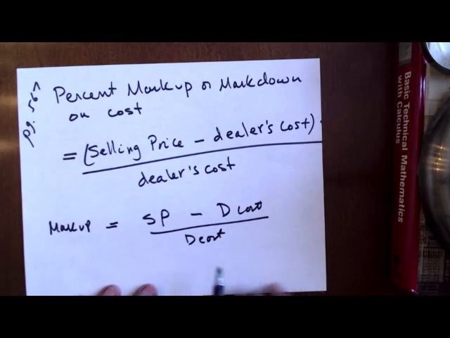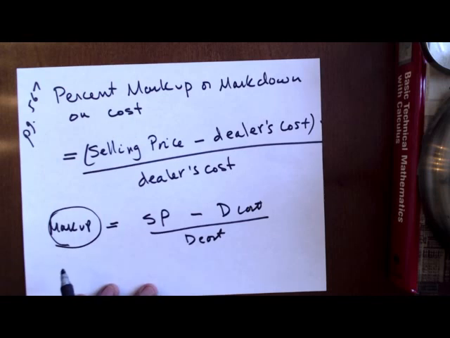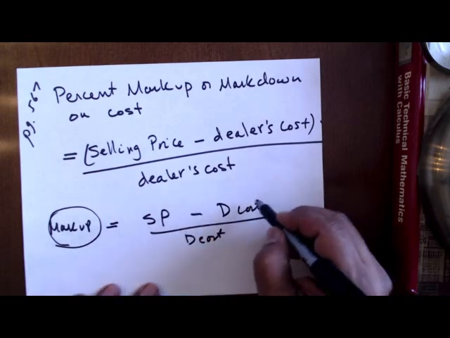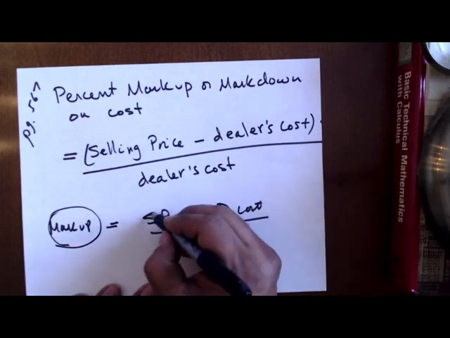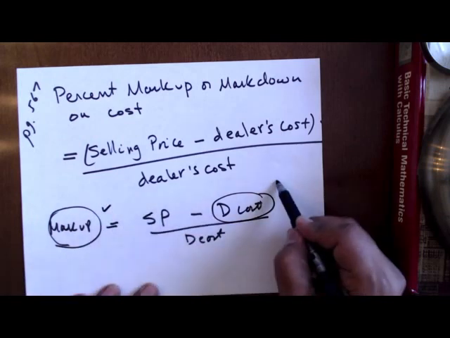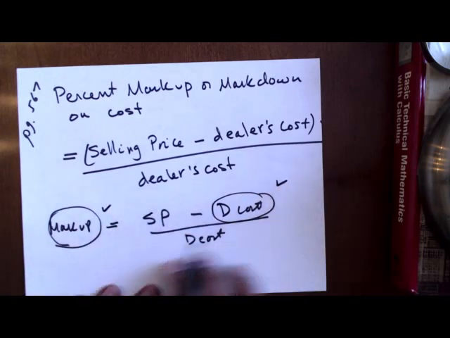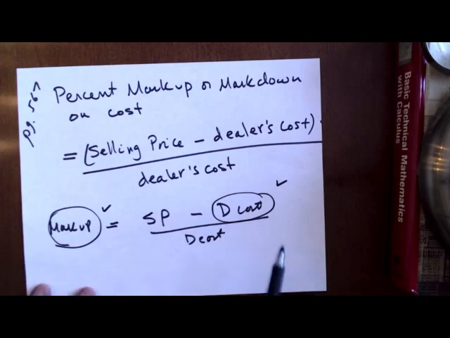You can manipulate this if this is given to you, and they want to know what the dealer cost is. If they give you these two values, you can do a manipulation here with the variables, right?